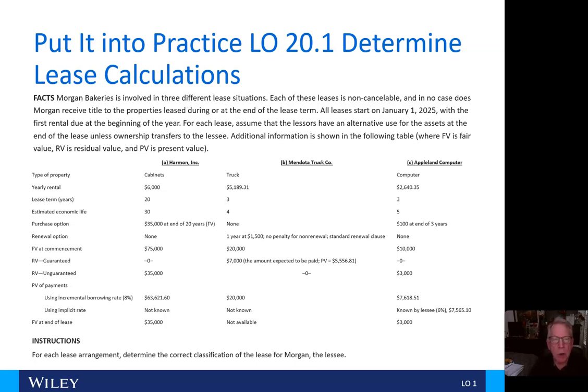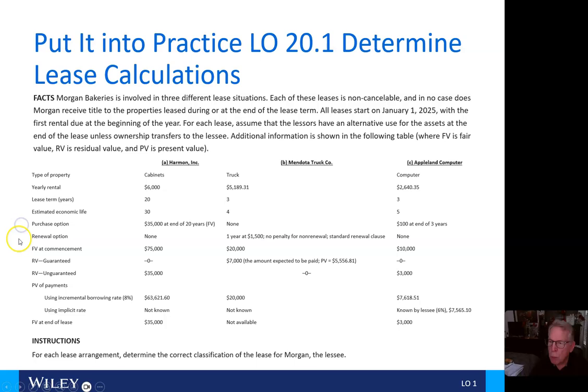Additional information is shown in the following table, where FV is fair value, RV is residual value, and PV is present value. Here is our type of properties: cabinets, trucks, and computers. Our yearly rentals are shown. The lease term in years is shown. The estimated economic life is shown next.